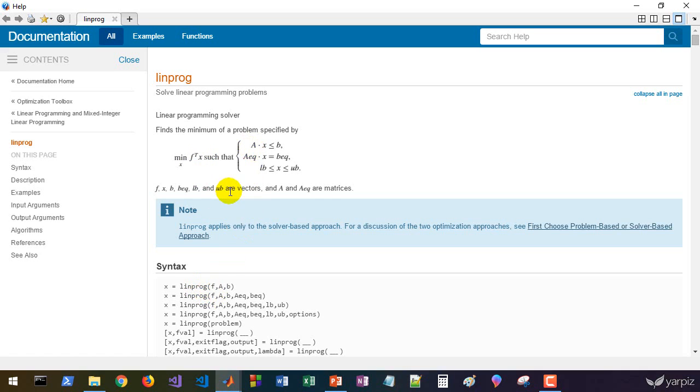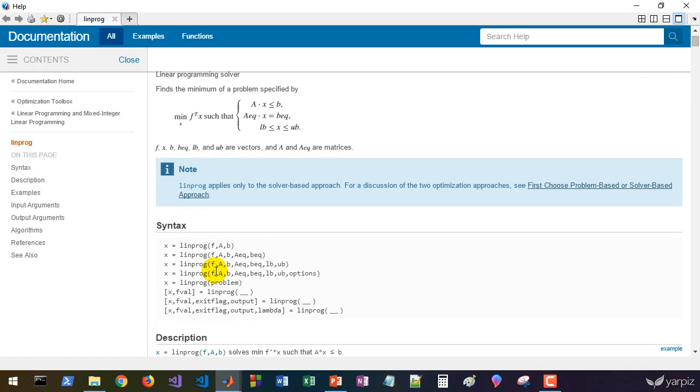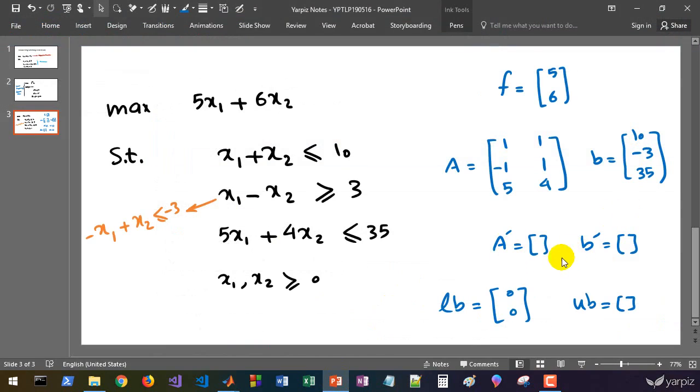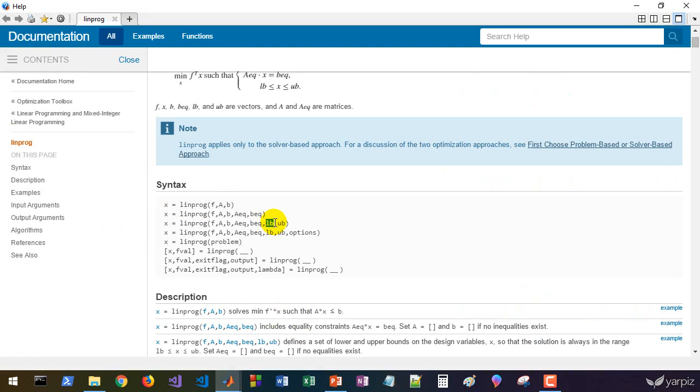The other parts of the linear programming problem are the same as our definitions: it accepts A, B, A equal, B equal, which we referred to as A prime and B prime. After that, we provide a lower bound, an upper bound, and some options.